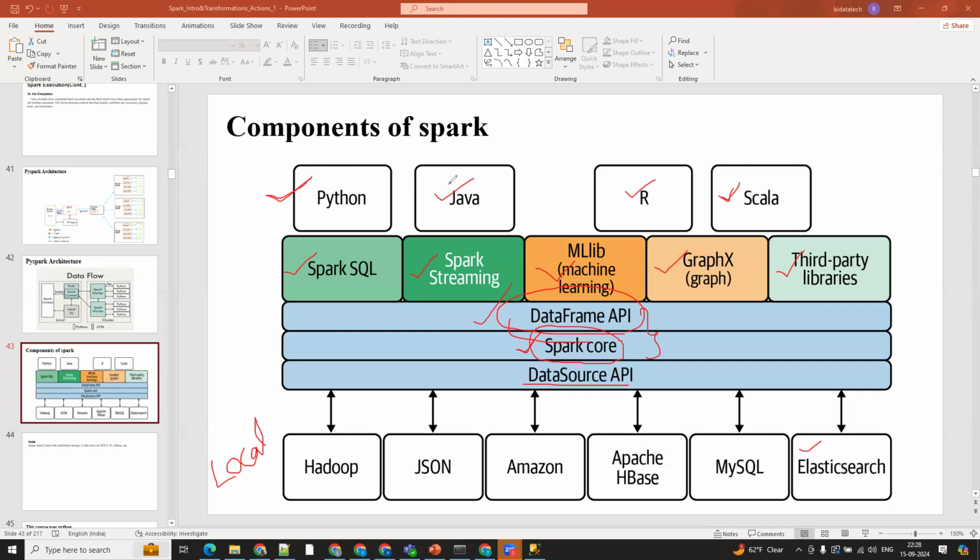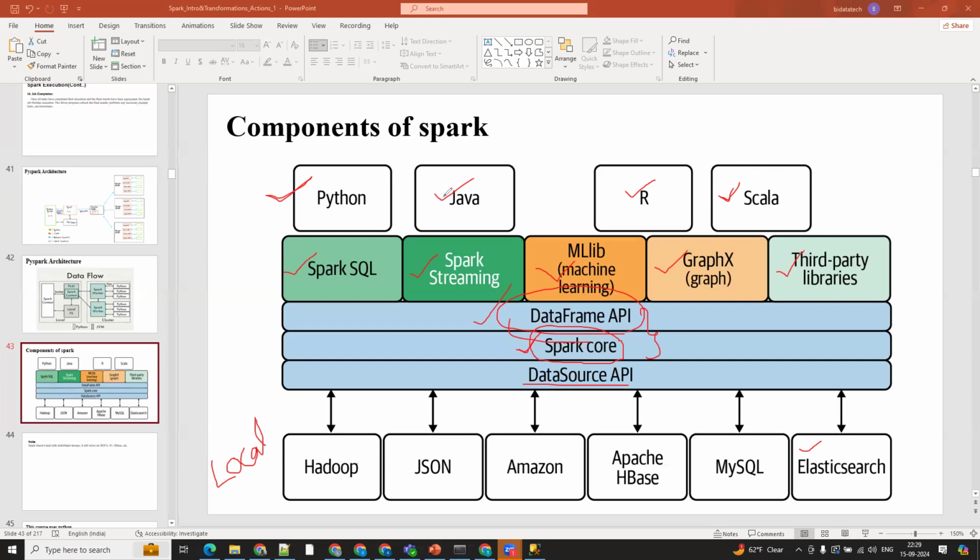Java is very less, I can say. If I give the ratio out of 100%, 70 to 80% of companies use Python. Of the remaining 20 to 30%, Scala is used by 15 to 25%.